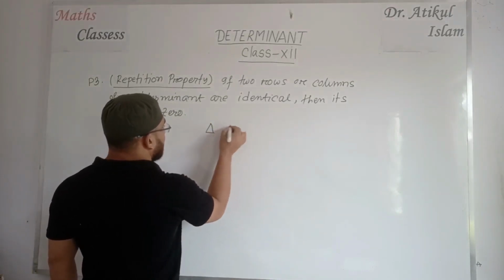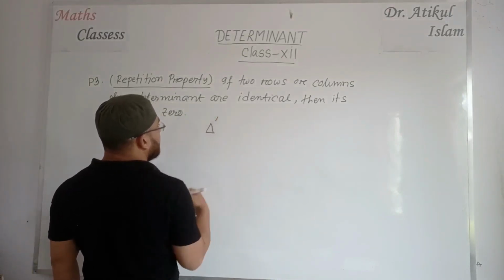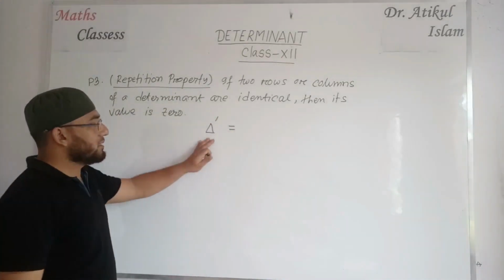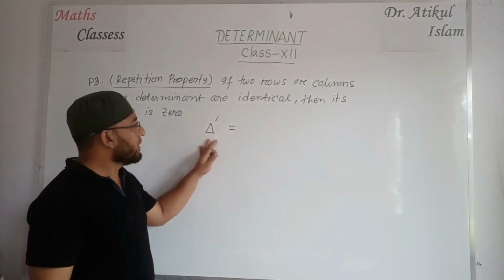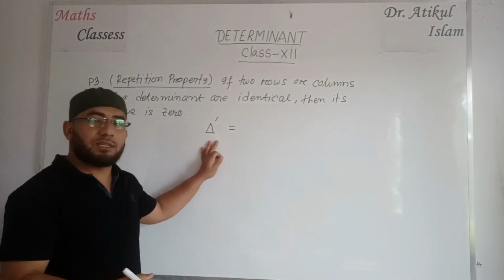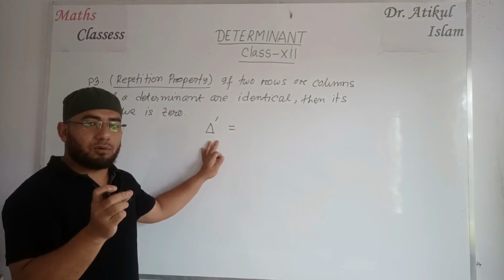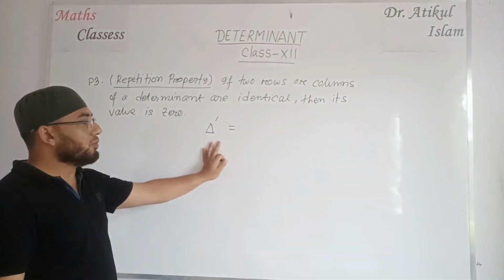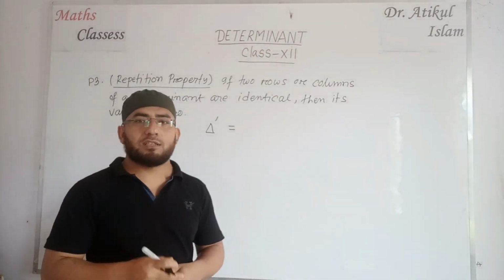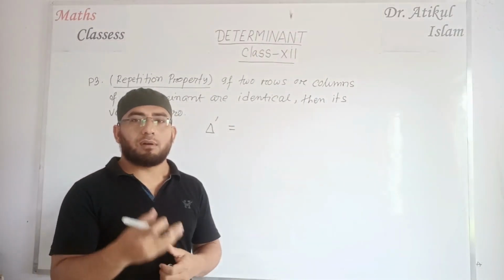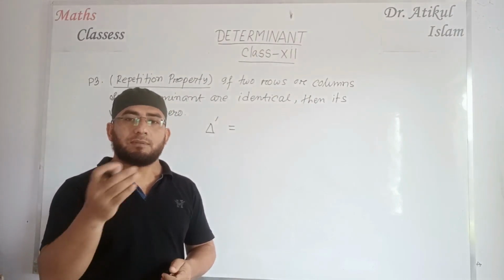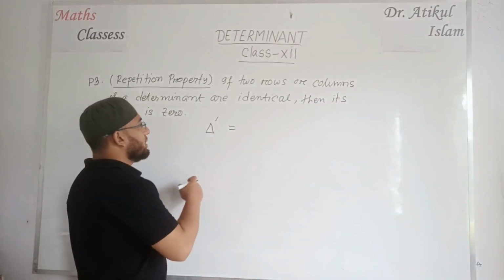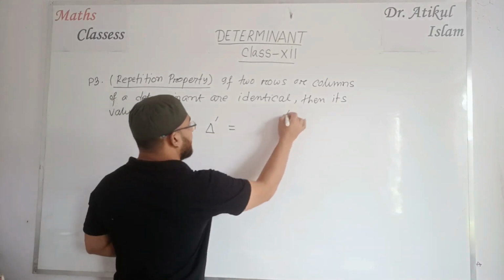So consider you have delta, and if you change any two rows, suppose delta is a determinant and I am changing those rows which are identical. We know that whenever you change any two rows or columns, there will be a negative sign before the determinant. So suppose your original determinant is delta.